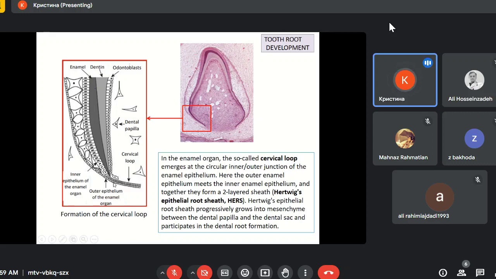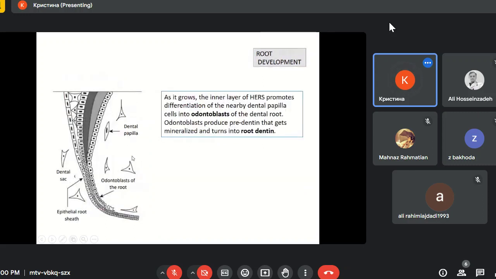They form a two-layered structure, which is called Hertwig's epithelial root sheath, or HERS for short. And this HERS grows downwards and downwards to form the shape of the future root. It grows between the mesenchyme of the dental sac, which is here outside of the tooth, and the mesenchyme of the dental papilla, which is inside the tooth.